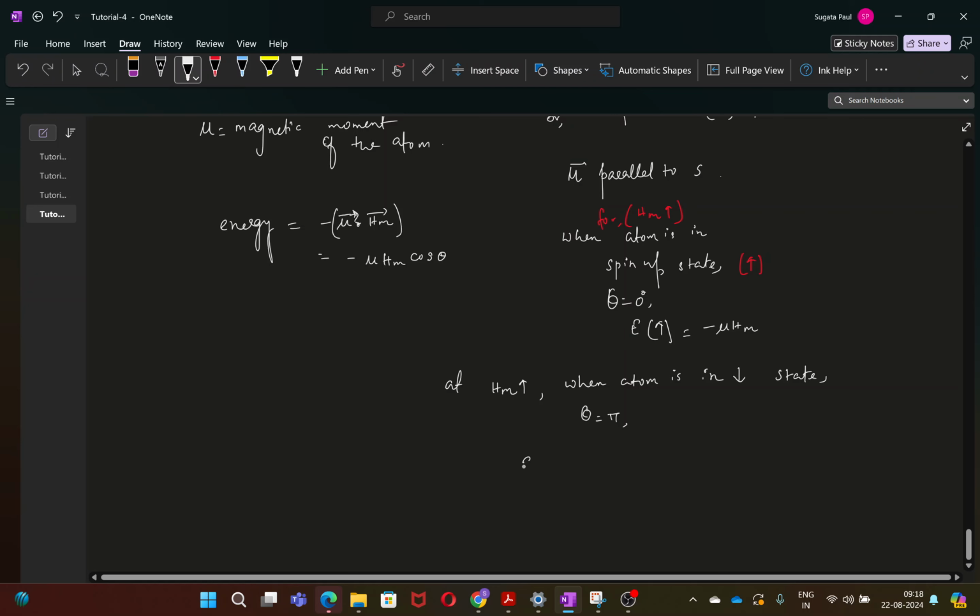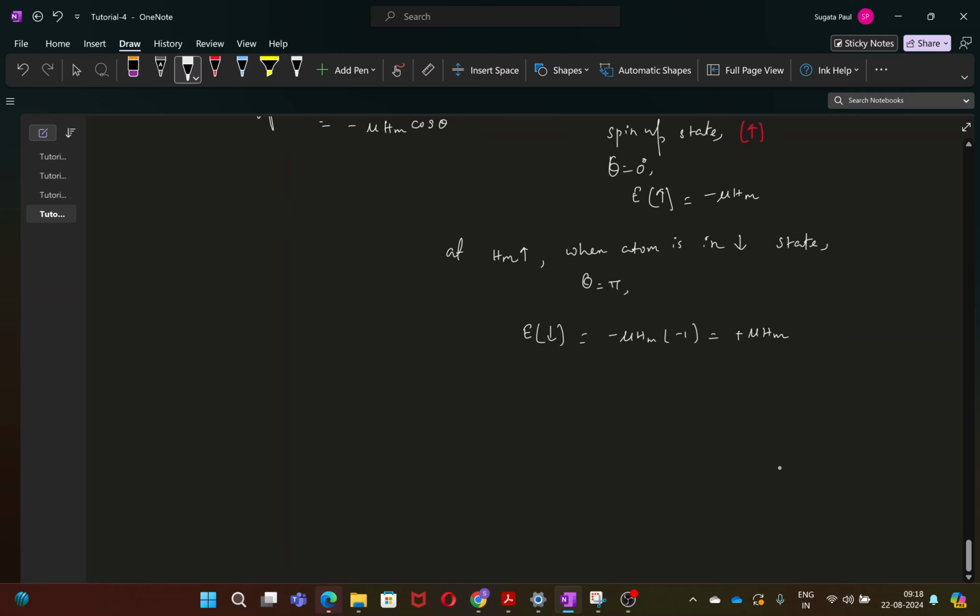So the energy of the down spin state will be minus mu Hm into minus 1, which is basically plus mu Hm. So for this case, you have calculated the two possible energy states for the atom to occupy, depending on whether the atom's spin or magnetic moment is parallel or anti-parallel to the external field direction. Then you know what the partition function is for such a system.